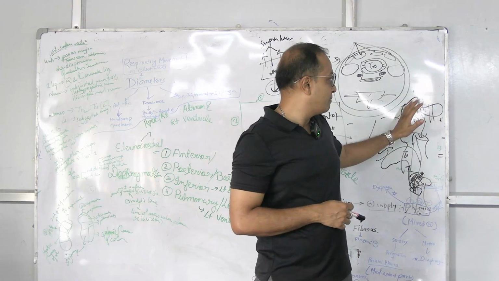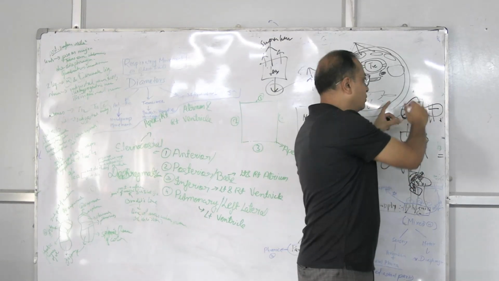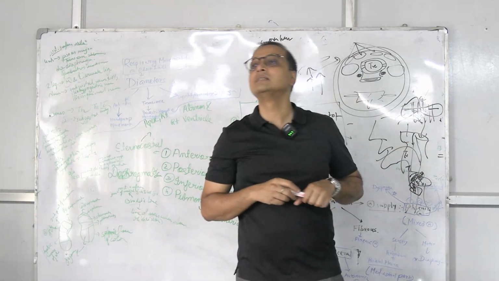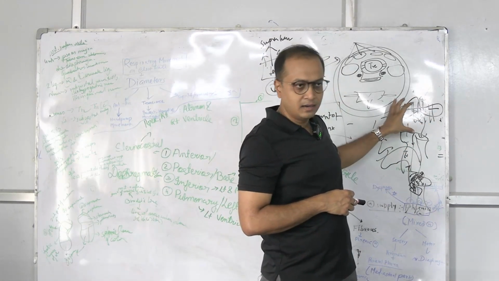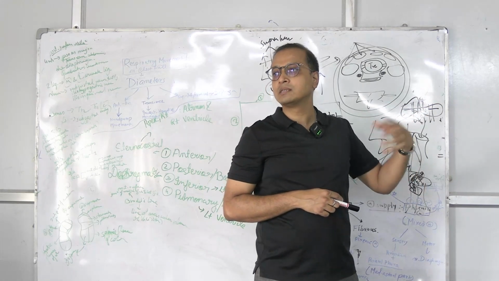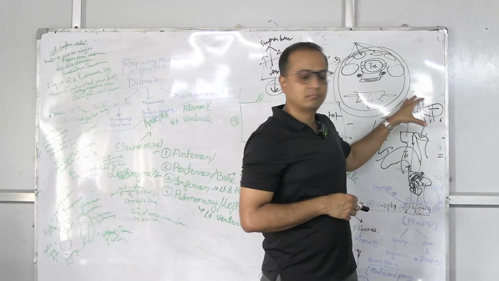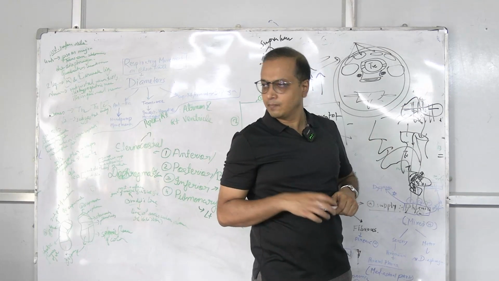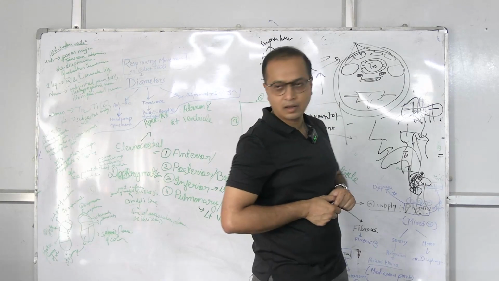Now these strap muscles have to be cut to remove the thyroid gland if it is diseased. So we have to know the anatomy of the strap muscles whenever we are dealing with surgery related to the thyroid or parathyroid. This is one thing you have to understand related to thyroid surgery.